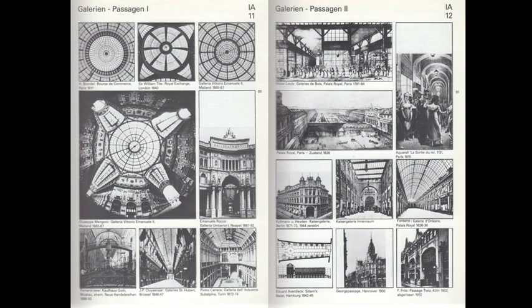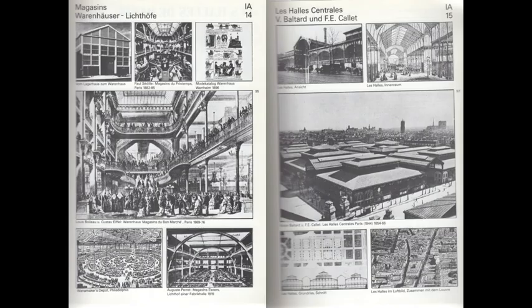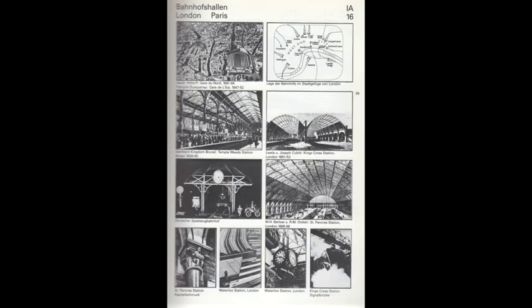We have galleries, passages, department stores, and market halls. Perhaps you remember the halls of Paris, Les Halles, which you can see on the right-hand side in the middle of the pictures. And last but not least, stations, all kinds of things you need to construct the railroad tracks.